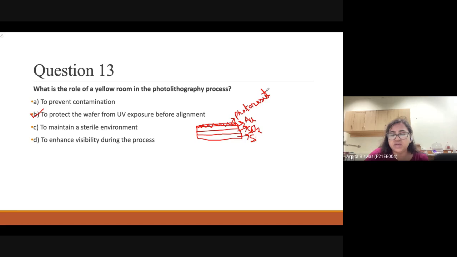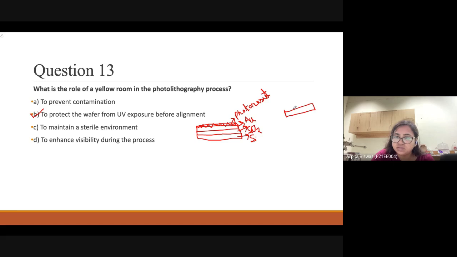Here is the photoresist. Now the mask is like this: a shaded portion, then an opaque portion, and then another shaded portion.